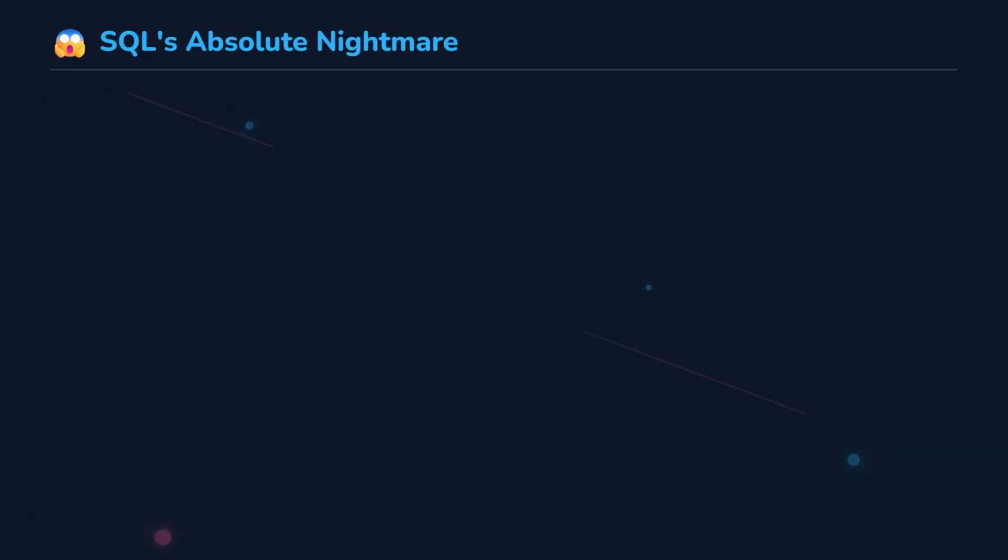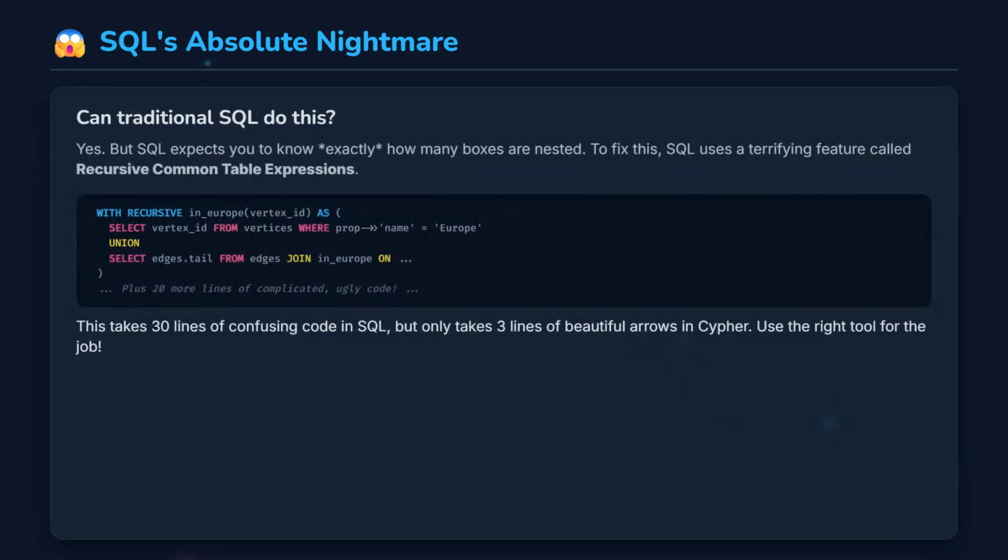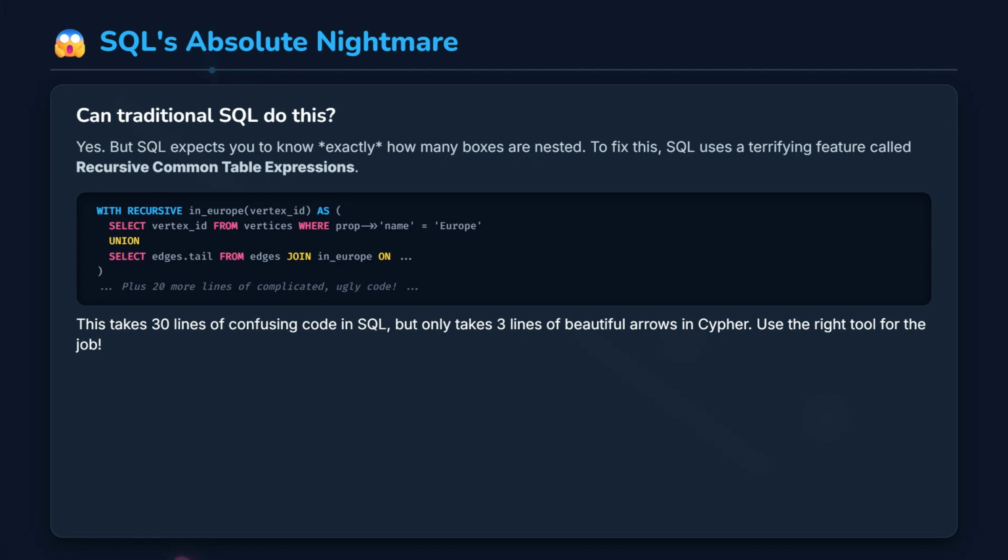So, the obvious question is, can we just do this in a normal SQL database? Technically, yes. But it is an absolute nightmare. A standard SQL database hates Russian nesting dolls. It forces you to write code that specifies exactly how many boxes are inside each other before you run the search.